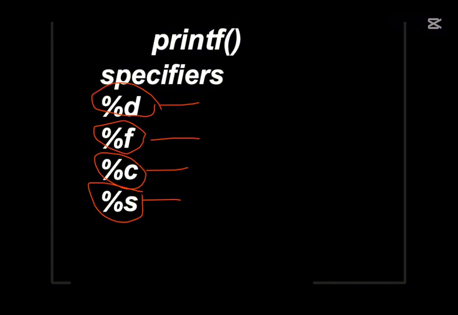We have characters like letters, and these letters form a word, and words form a statement. We call it a string because it's no longer one character. It's now a combination of several characters to form a word, which now forms a sentence. That's why we call it a string.